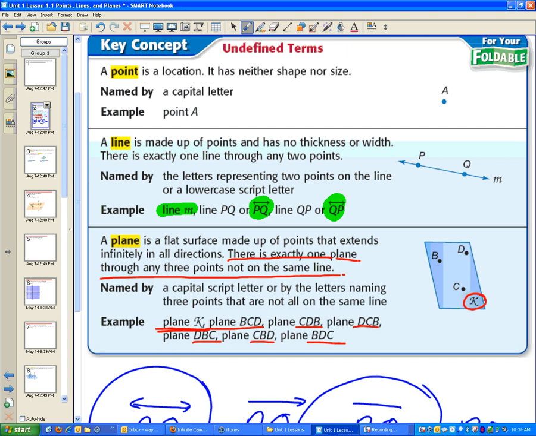Just to keep it simpler, I'm going to say the screen is a plane. The screen's not really a plane because the screen ends and the plane doesn't, but we'll just talk, okay? If there was another point right here at the end of my finger, is there any way to get a flat surface that contains the end of my finger and the entire screen? Can't be done, can it?